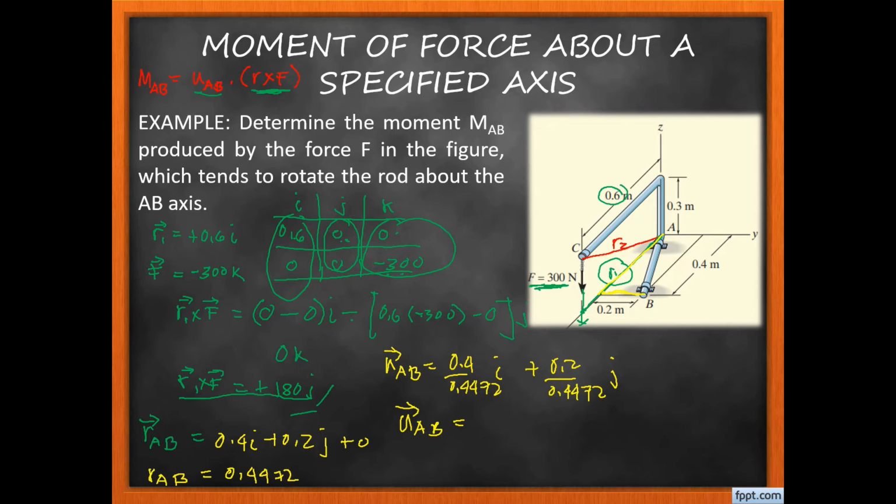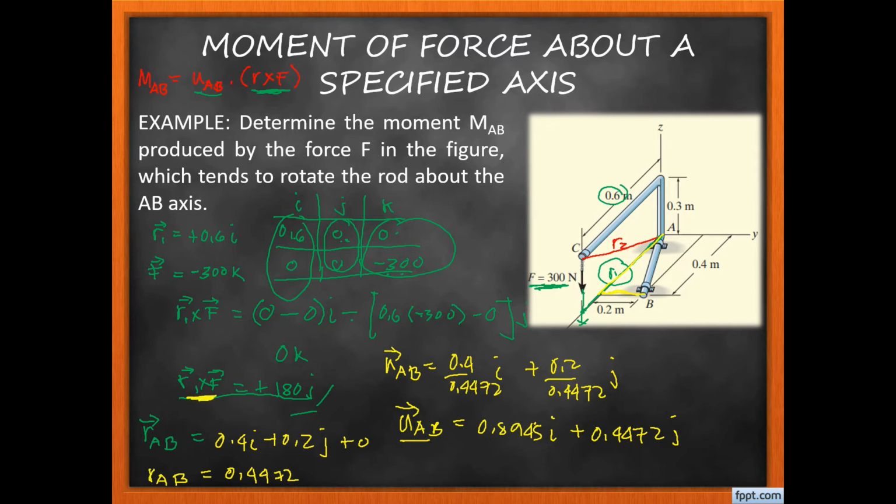So meron tayong 0.894i plus 0.2 over 0.4472, which is also equal to 0.447j. Okay, so meron na tayong unit vector at AB, meron na tayong cross product dun sa ating R1 cross F.